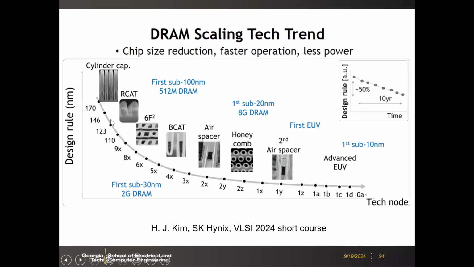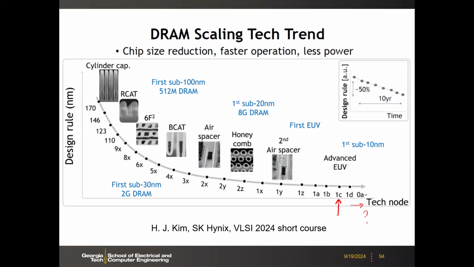Here is another very recent data. I just updated this from the VLSI Symposium 2024. Here you see the scaling, and I think the latest product, just announced months ago, is on the 1C node. Moving forward, we don't know what will happen.